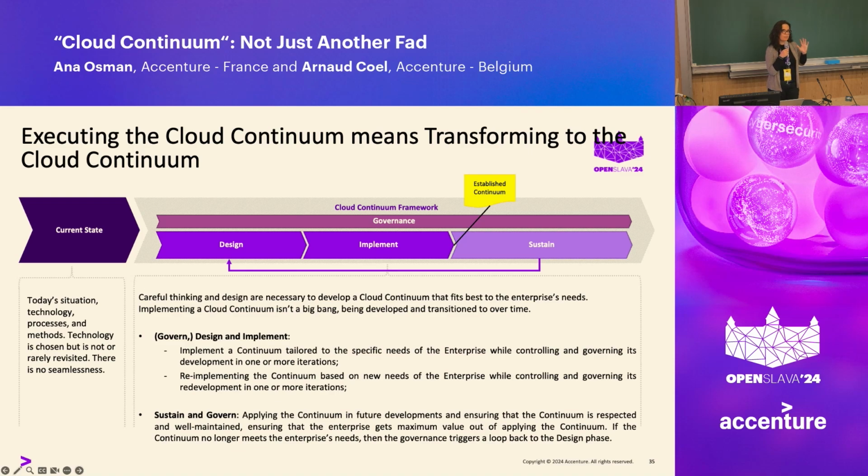Then after we have this image in mind, we start the design process, so basically the architecture. We start the implementation, and after that we're saying, okay, now we've established Cloud Continuum, we have the technical landscape ready, we have the governance in place.